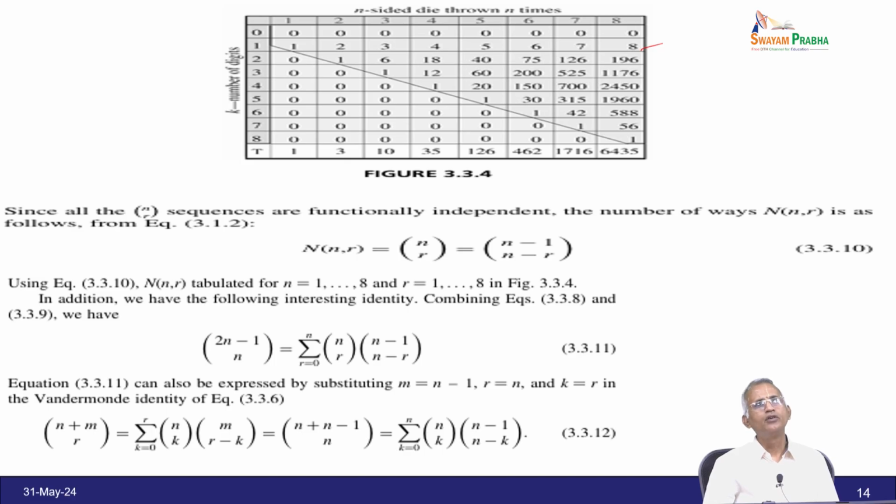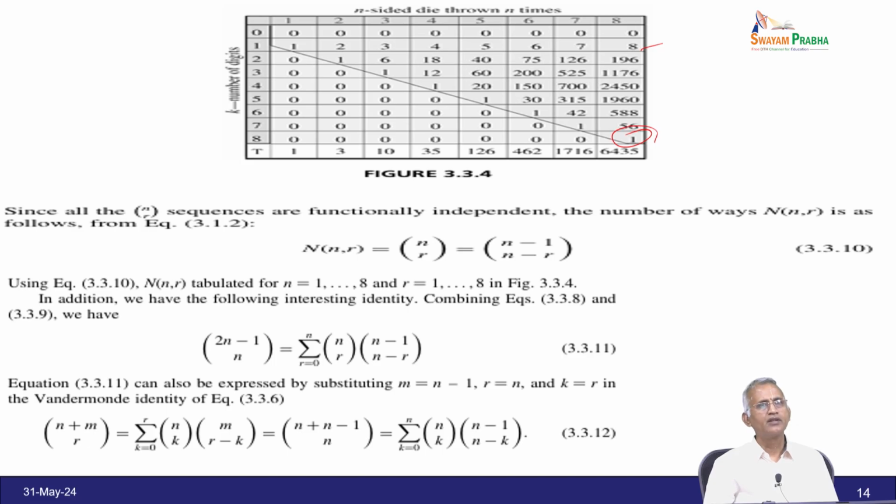So, up to 7 the value becomes 0, because 8 and 7, whereas 8C8 is 1 will come. So, this way we can calculate the n-sided die thrown n times corresponding to the number of digits. So, this table can easily explain the k number of digits for an n-sided die thrown n times.